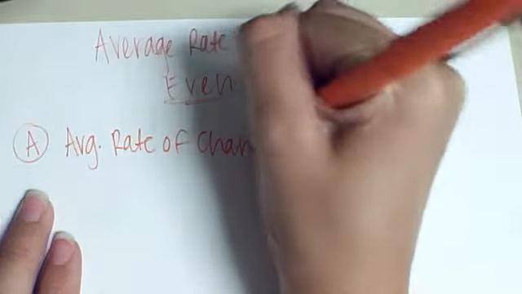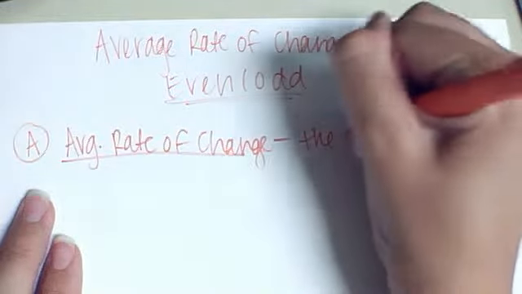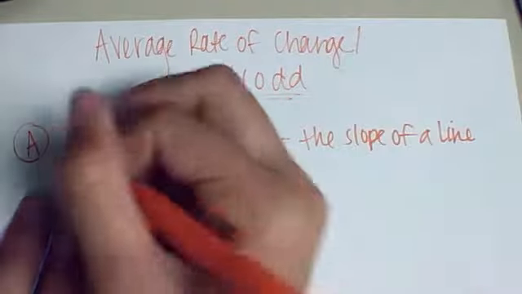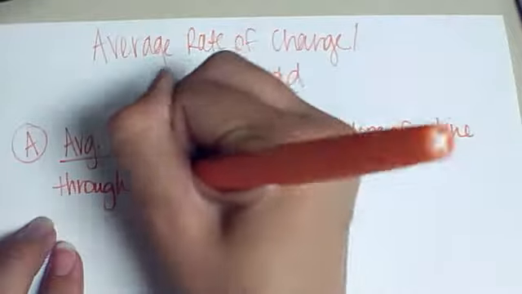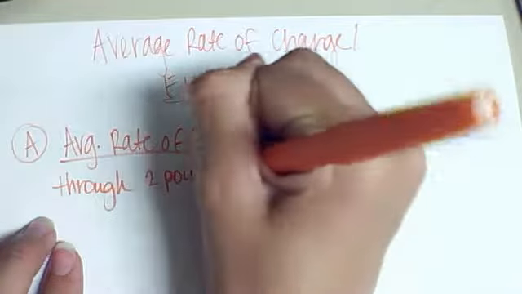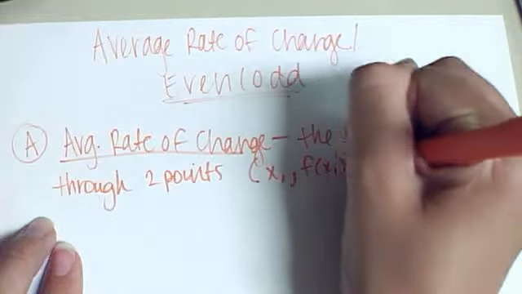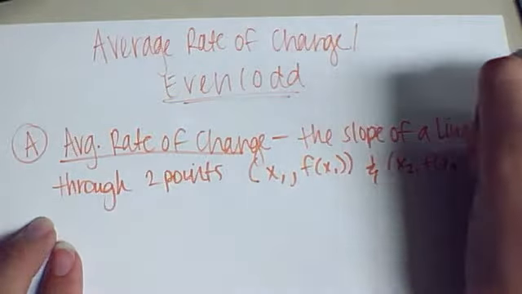So the average rate of change, definition here, is the slope of a line through 2 points. And that's x1 and f of x1 and x2 and f of x2.